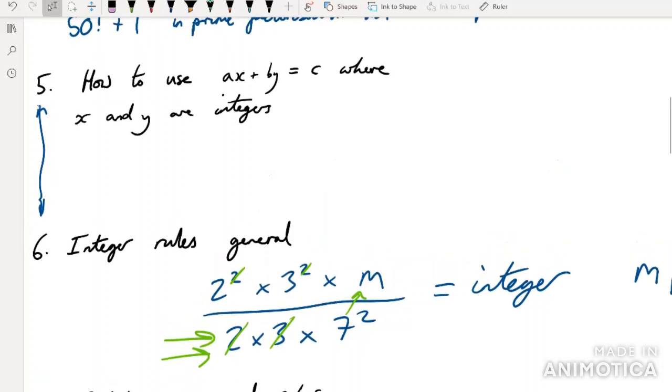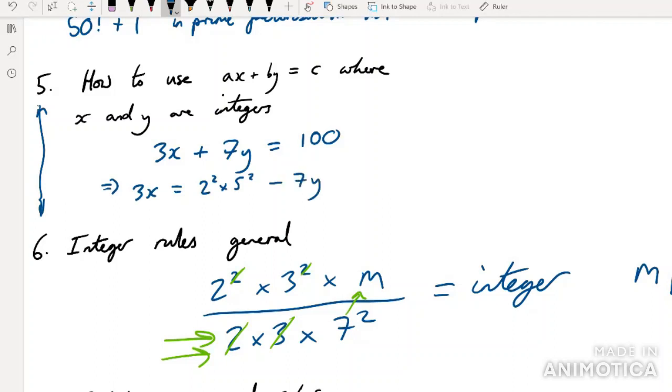So for example, let's say that 3x plus 7y equals 100, where x and y are integers. Well, what does that tell us? That tells us that 3x equals, and using the rule here, we're going to factorize this fully, so 3x equals 100, which is 2 squared times 5 squared, minus 7y.